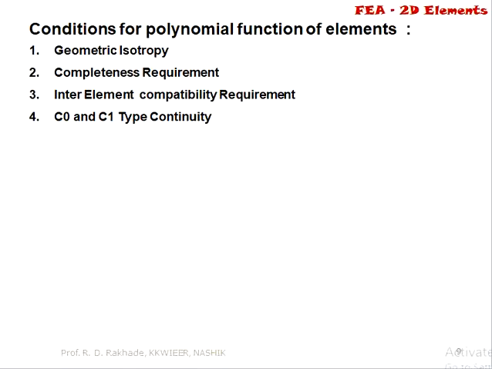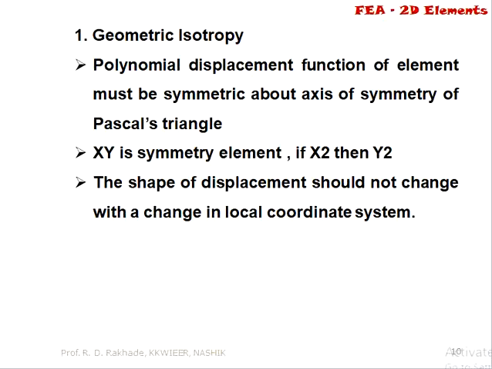Condition for polynomial function of element. So there are 4 conditions. First, geometric isotropy, completeness requirement, inter element compatibility requirement, and C0 and C1 type continuity. So let's discuss one by one. Geometric isotropy we already discussed.